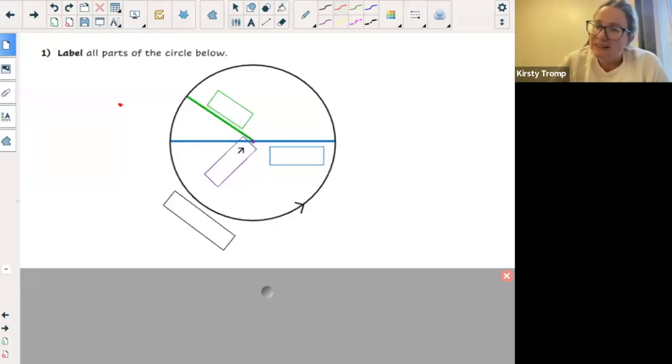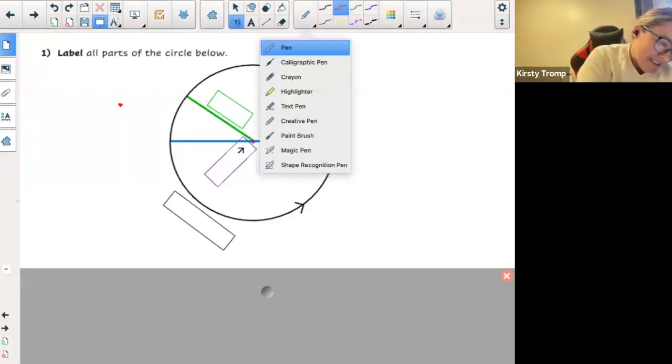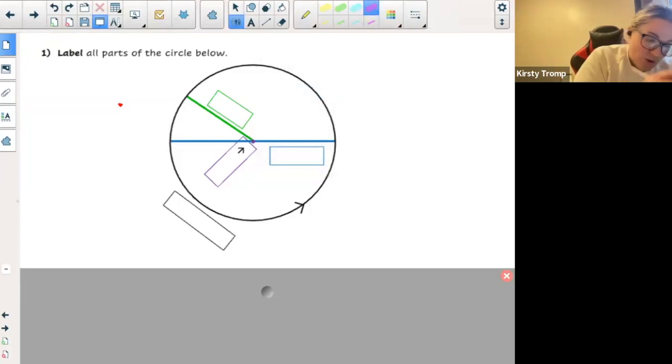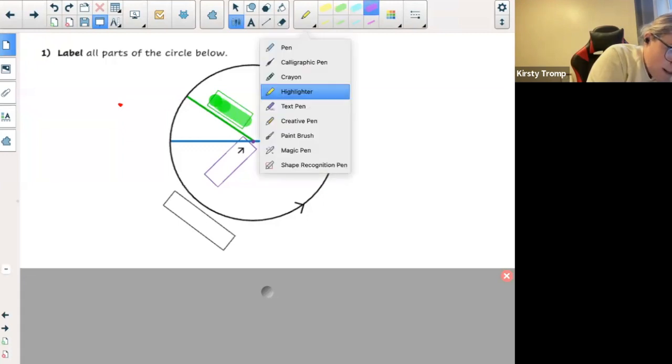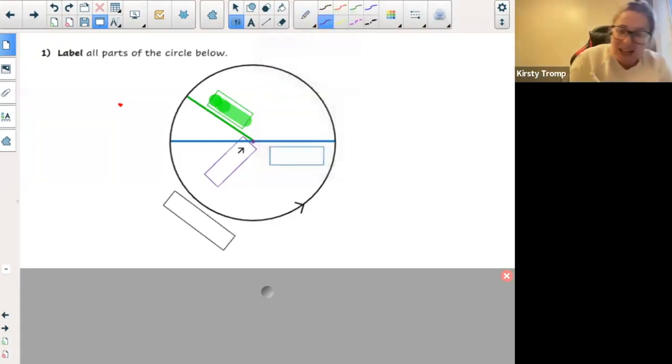Nomfundo, are you going to help me label this circle? Okay, are you ready? I'm going to highlight and you're going to tell me what they are called. This green one that I've just highlighted, what is that one called? The radius. Well done. The radius.